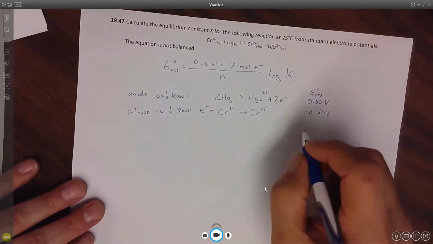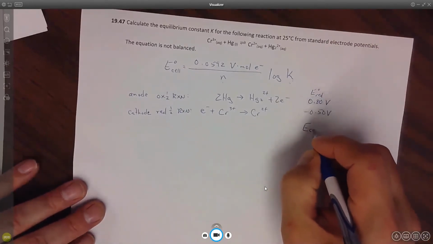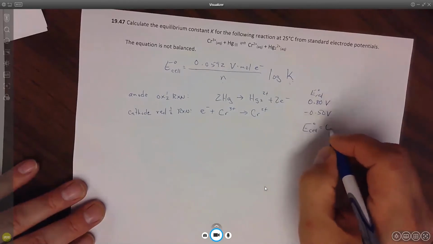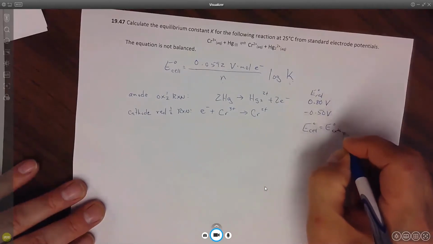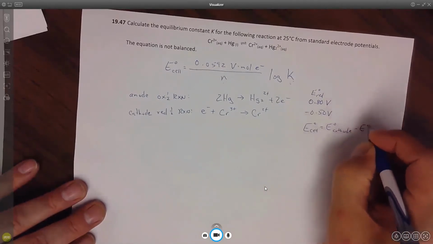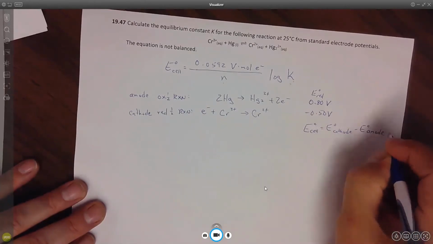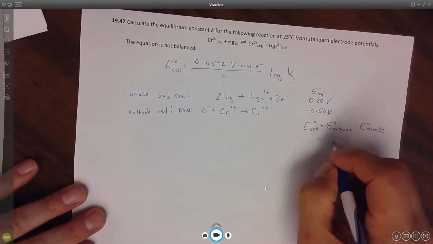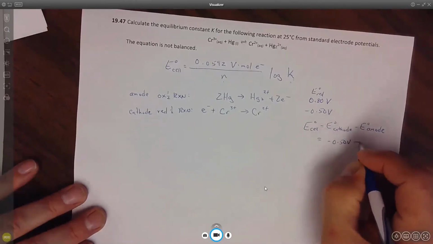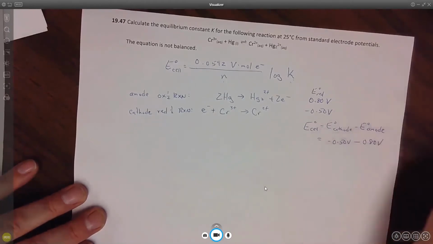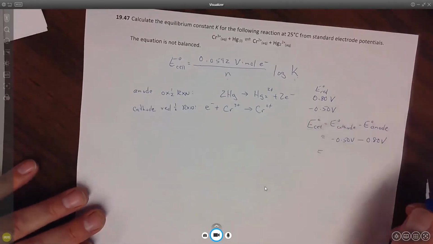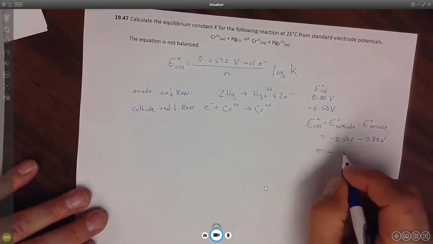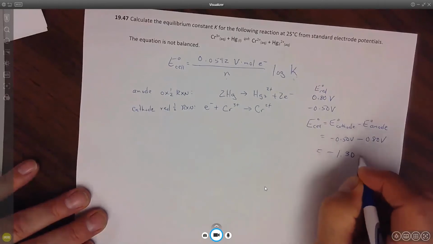So right off the bat, we know that E cell, again, is the reduction potential for the cathode minus the reduction potential for the anode. That's going to be equal to negative 0.5 volts minus 0.8 volts, which is equal to negative 1.3 volts.